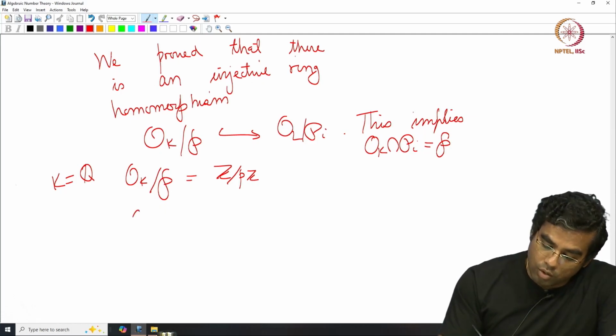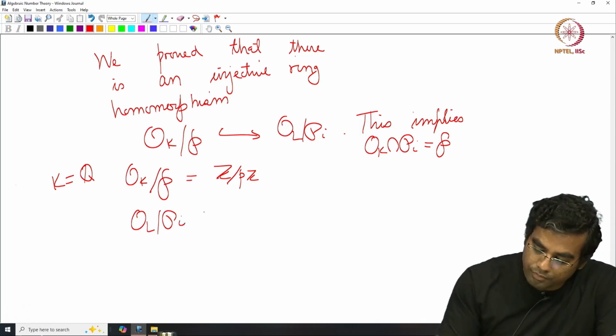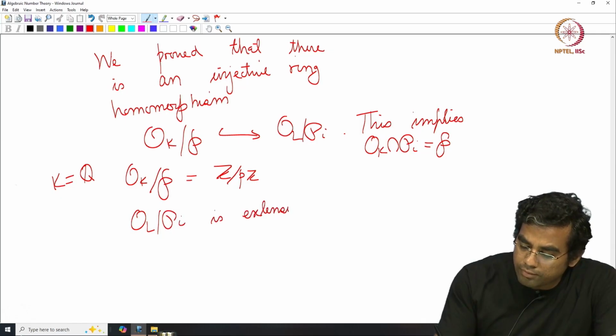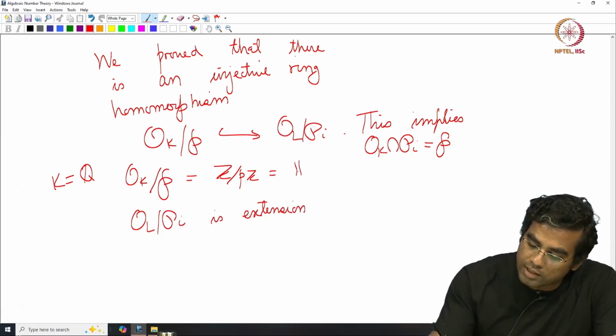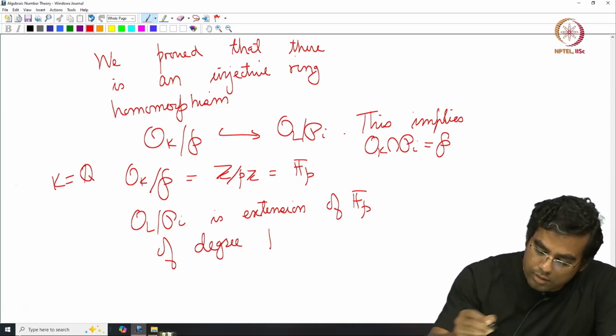Furthermore, OL mod Pi is a field extension of the finite field Fp of degree Fi.